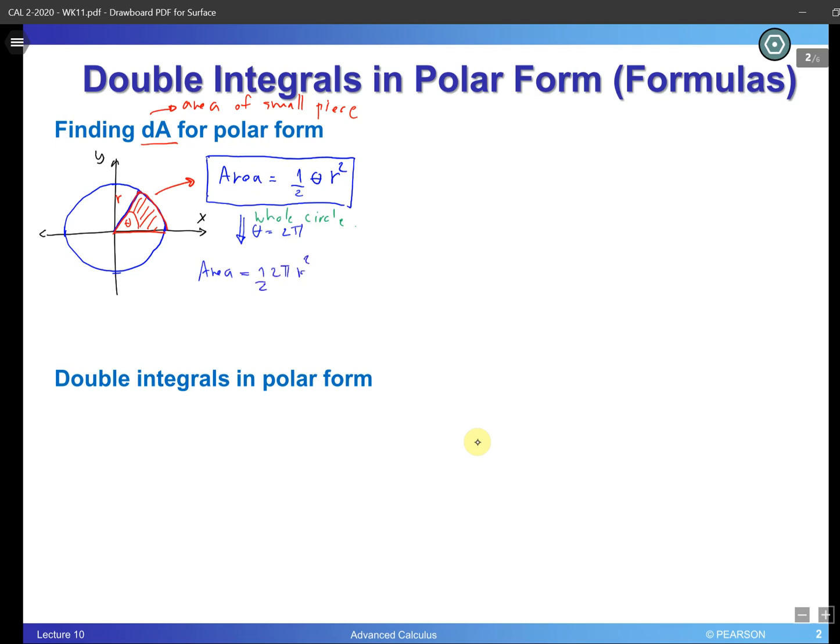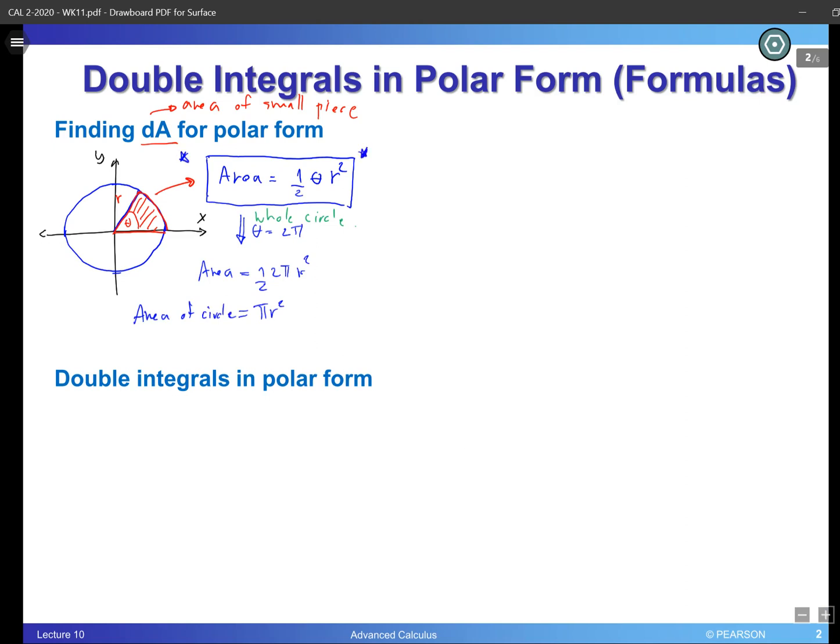And in the end, we have pi r squared. And this is the popular formula for the area of a circle.